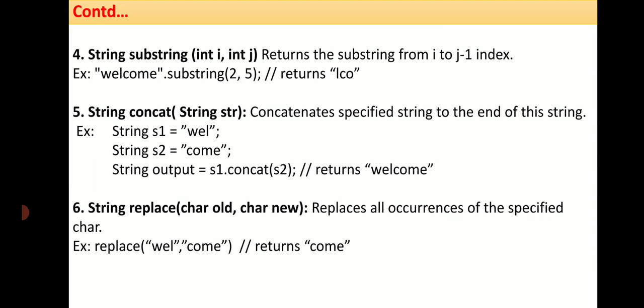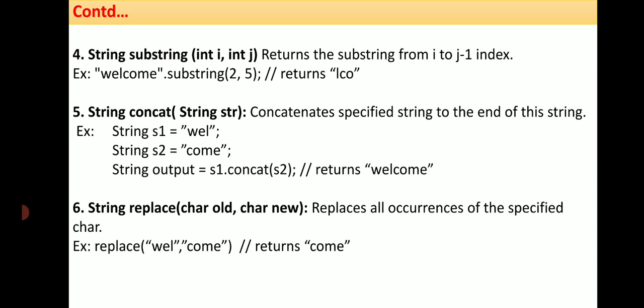Next is the fourth one, substring(int i, int j). This is the same thing as that one, but there it prints up to the end of the string. Here it is not like that; it is exactly from and to what we provide. Int i is the starting index of the character, and int j is the end index, and j always takes one less than whatever index we provide.